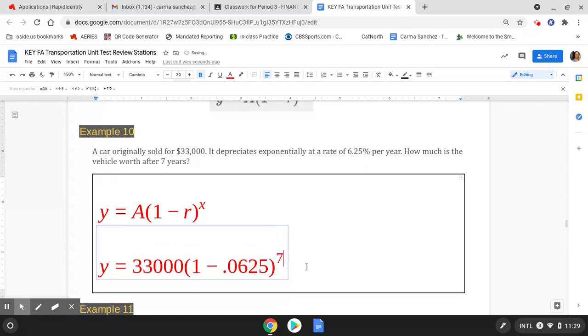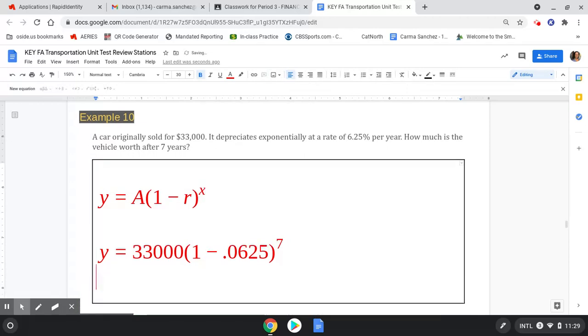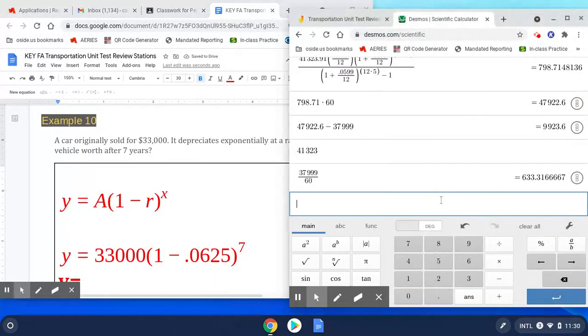Okay, so this is what we're going to be plugging into Desmos right now in order to find our output. So 33,000 times 1 minus 0.0625 to the power of 7.